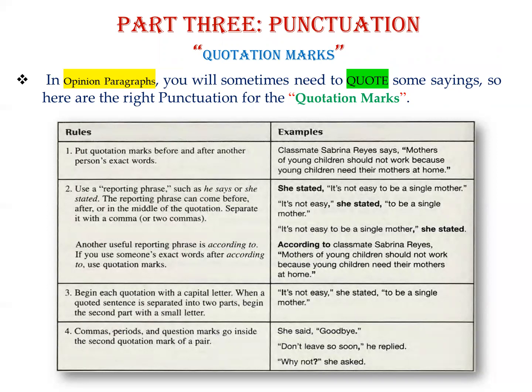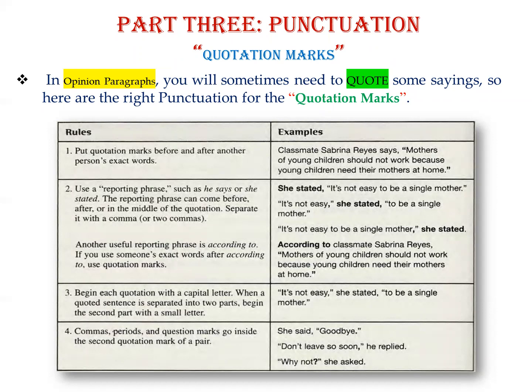In opinion paragraphs, the paragraphs that we discussed in this chapter, you will sometimes need to quote some sayings. So here are the right punctuation rules for the quotation marks. The first rule: put quotation marks before and after another person's exact words. So whenever you bring words or sayings from a person, at the first you put a quotation mark, and at the end, you also put a quotation mark.